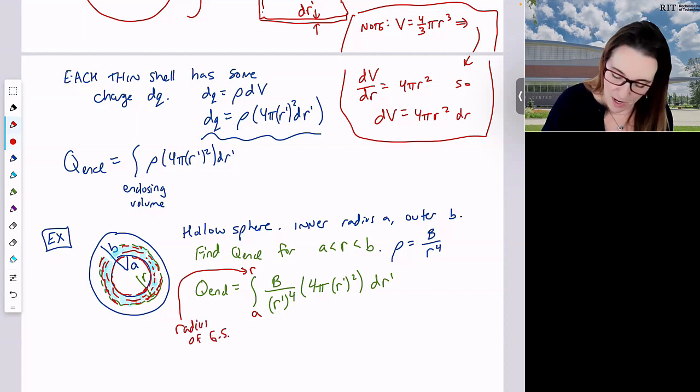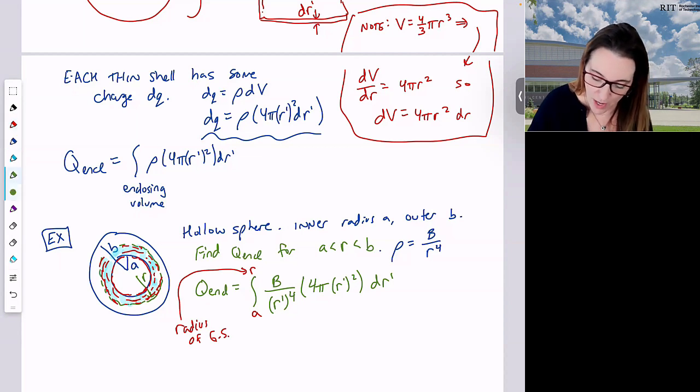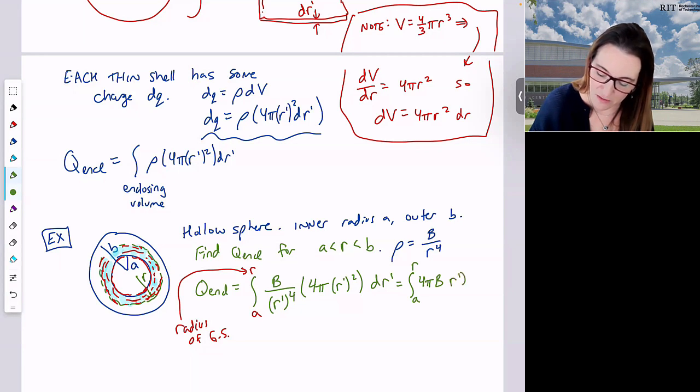And so I would then execute this integral. I could see here that I basically have the integral from A to R of 4 pi b, which is a constant, times R prime to the negative 2 dr prime.